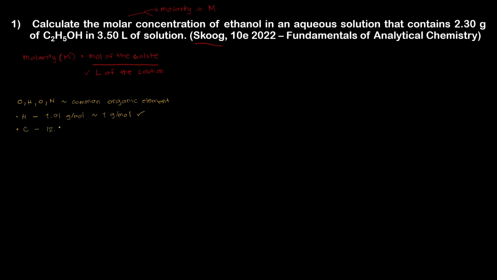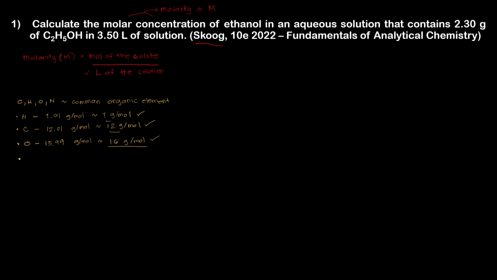That is 12.01 grams per mole, or just 12. Just memorize this, 1 and 12, for hydrogen and carbon. And next would be oxygen. Oxygen is around 15.99 grams per mole, or just simply memorize it as 16 grams per mole.